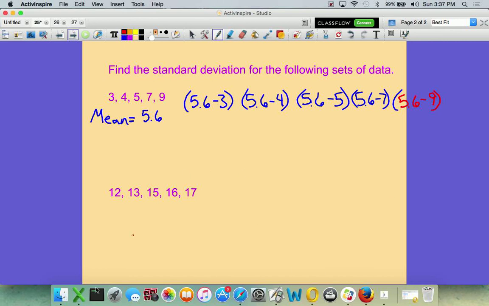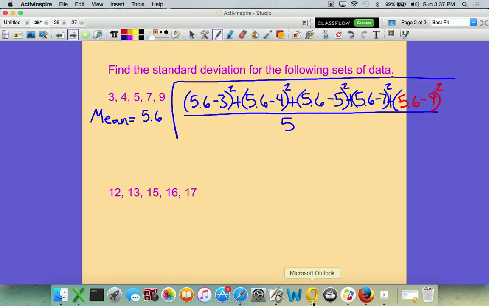For each one of those, we are going to square them. We're going to add them all together. And then we're going to divide by the number that we have here. So we have 5 total ones of them. And we're going to take the square root then.